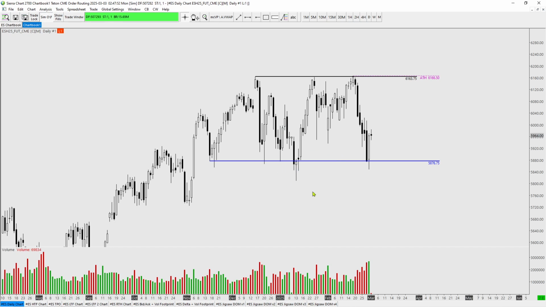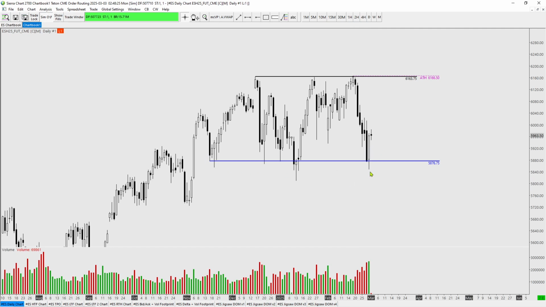I call it a look below and fail, or a look above and fail if it was to the top side. When this happens, you're very, very likely to run to the other side of the range. And that's exactly what we did. And as we came back to the downside of this range again over the next month almost, you can see we did another look below of this baseline level.